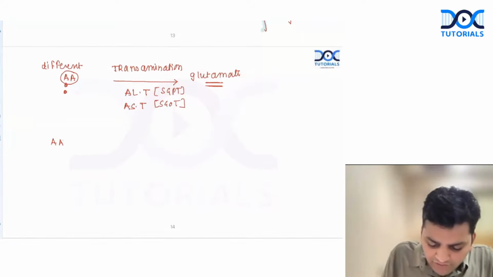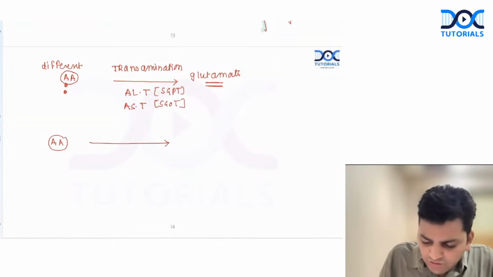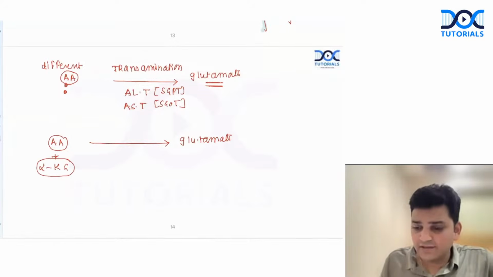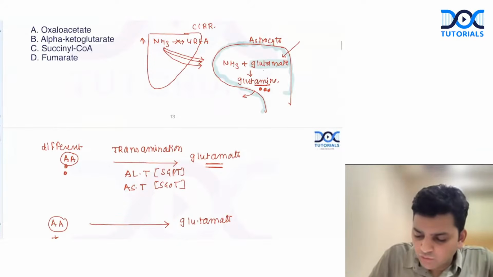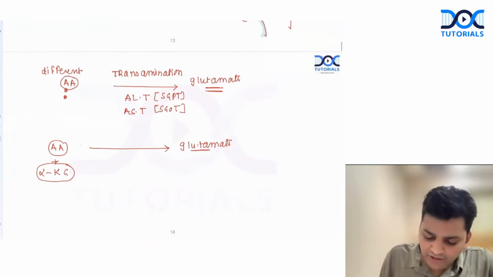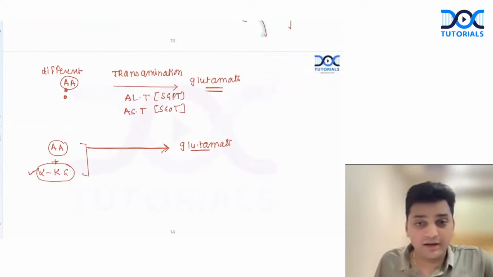To convert the different amino acids into glutamate, apart from the enzymes, we require one more thing, that is alpha ketoglutarate. So if there is hepatic encephalopathy, we want more glutamate in the brain. If I want to make more glutamate, I need to do this reaction more and more, and I require alpha ketoglutarate.